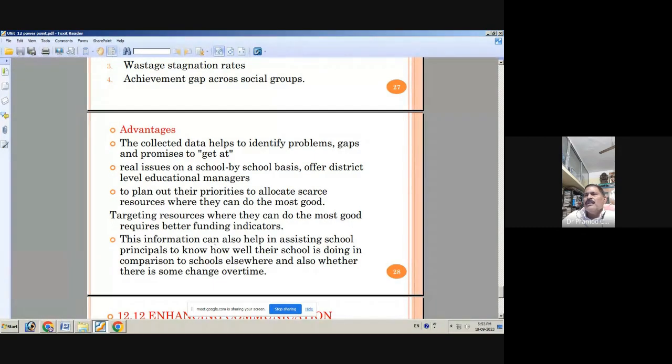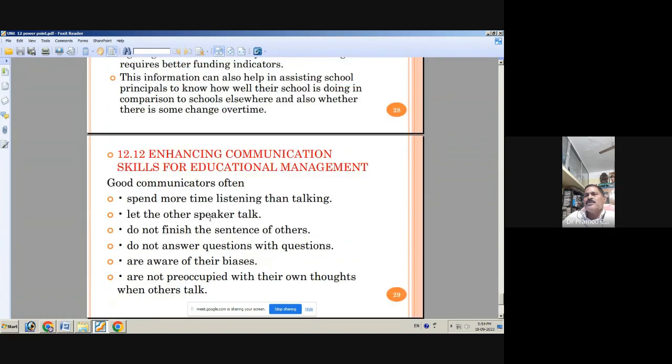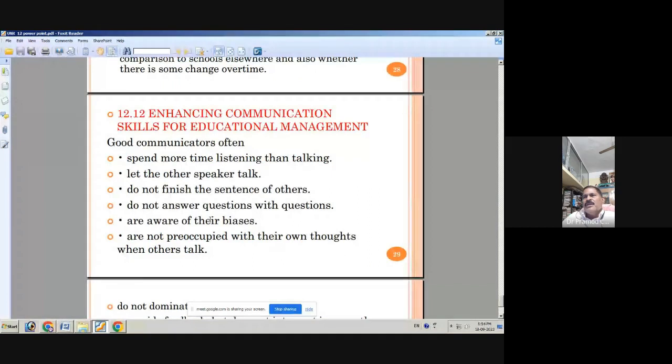If you are in want of resources, then you can take the help of government officers. So always you must target your resources, and if you want better funding, then you can give proposals to the higher authority, and that will help you to improve the educational institutions.